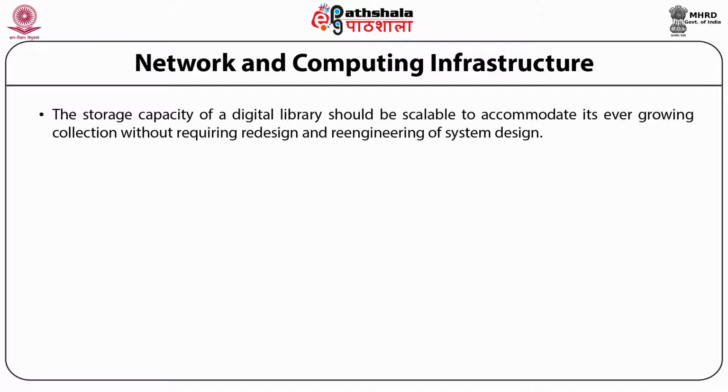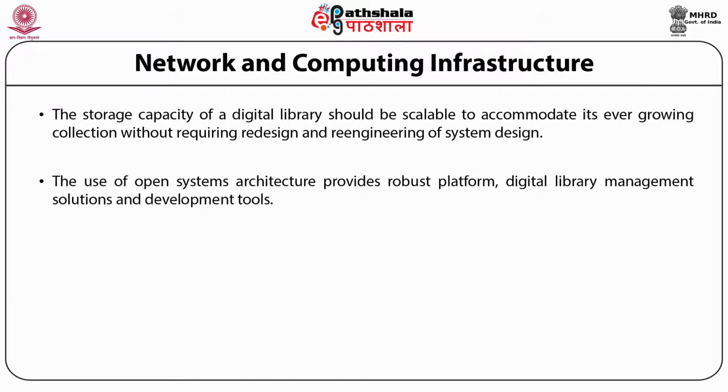Now you have to choose an architecture in such a way that at any given point of time, any additional storage requirement can be adapted and implemented without much technical change. It should be like a plug and play kind of model.